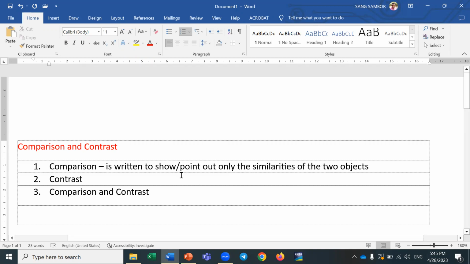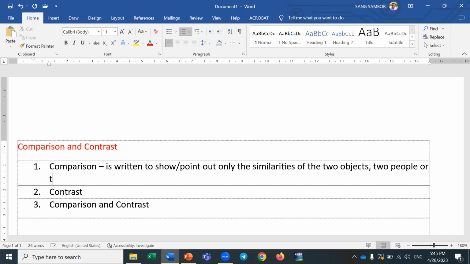To show or point out only the similarities of two objects, two people, or two places. That is how you define comparison. Remember, when you are writing a comparison, you are pointing out only the similarities of the two topics, two objects, two people, or two places.